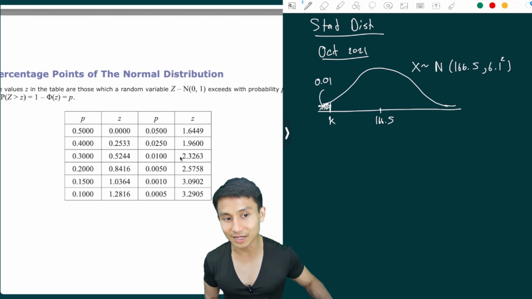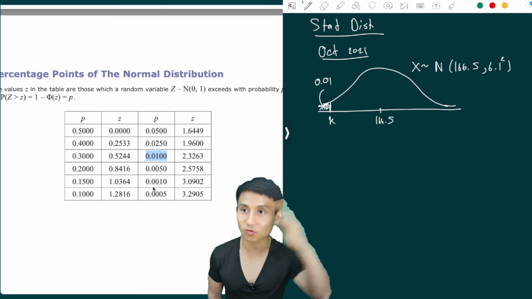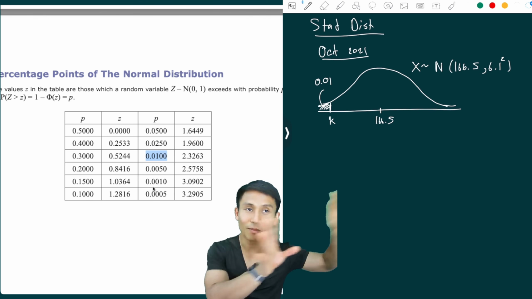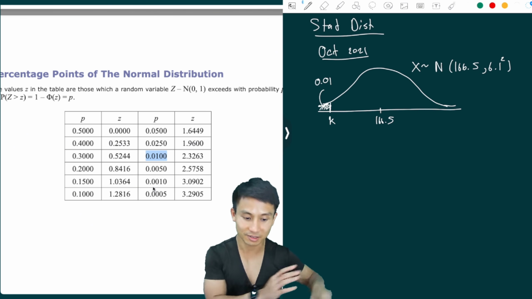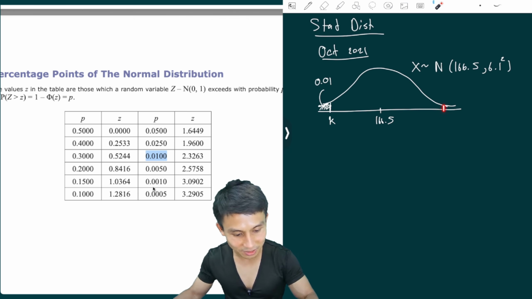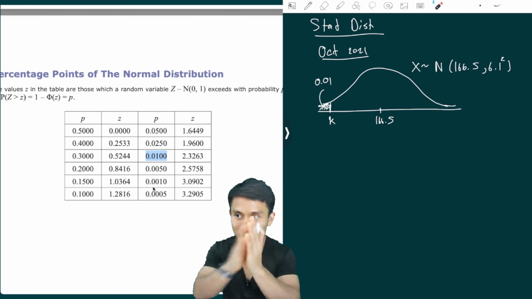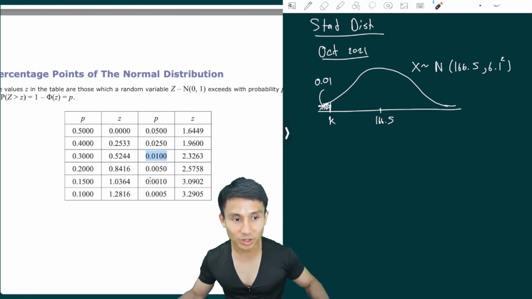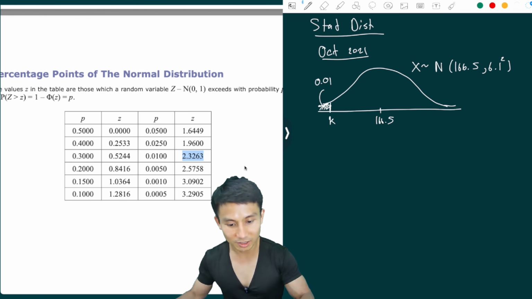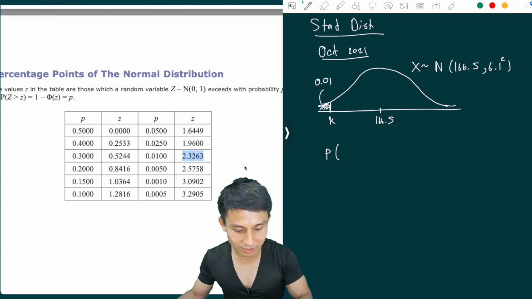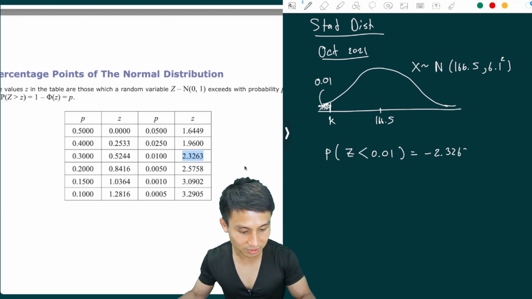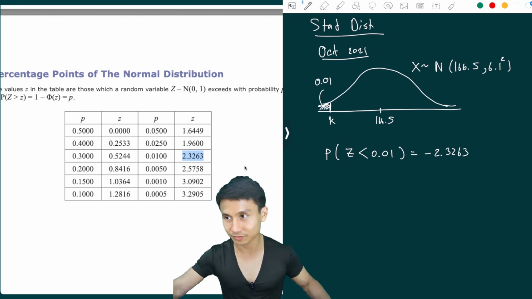It's just that this 0.01 is to the right, so it's the highest 1%. Because we want the lowest 1%, we just put a minus sign on the Z value. So the probability of Z less than the value is 0.01 when Z is minus 2.3263, just for the working mark there.